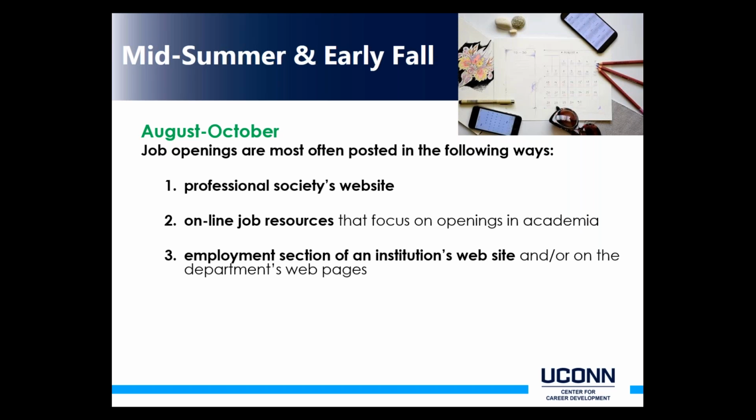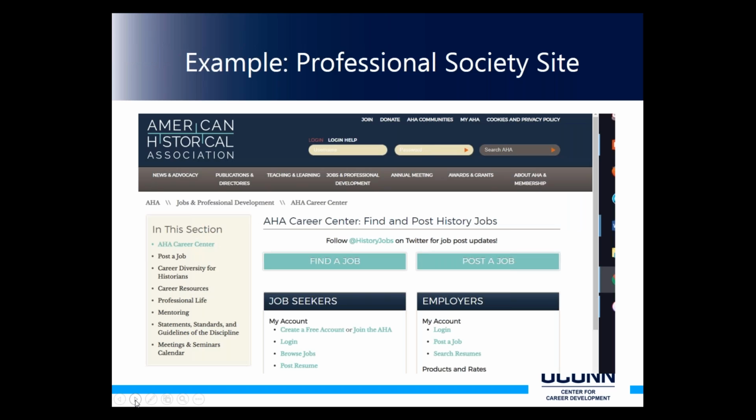Usually if it's on the academic department's website, you will also find it on the human resources website. Listservs that are specific to your field may also post jobs. And now we are even seeing academic jobs on LinkedIn. And I say even seeing because a few years ago, we would not have seen those positions appearing in the job section of LinkedIn. I'm just going to share an example of each of these so you have a sense of what this might look like.